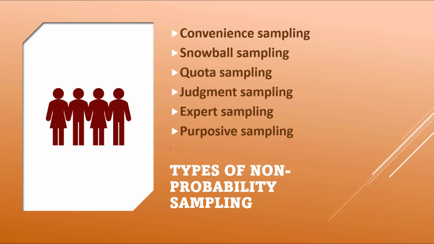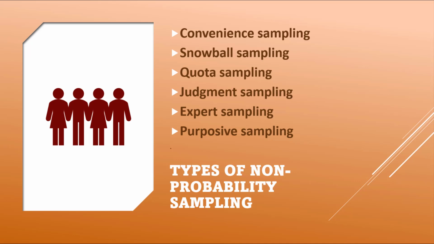Then we have snowball sampling, where the sample is taken by asking the selected people to refer others from the same population. This technique is very helpful. For example, if we are focusing on respondents who are not frequently available, and not much information is available, in that case we can adopt this sampling technique.